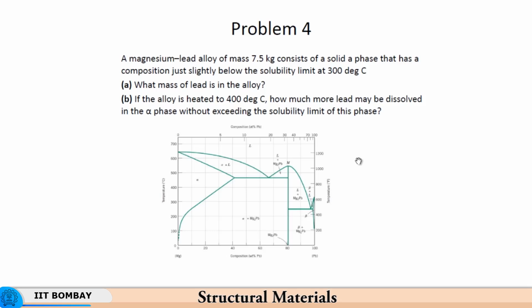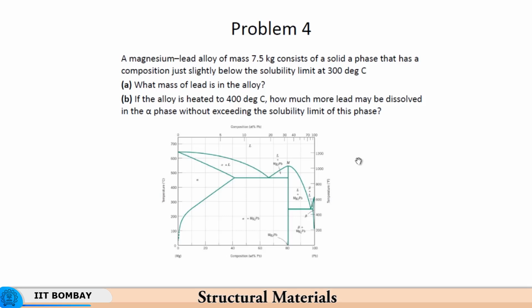Okay. What mass of lead is in the alloy? That is the question. So you have a lead alloy, the total mass is 7.5 kilograms, and the chemical composition of the solid phase is just below the solubility limit at 300 degrees centigrade, and therefore the alpha has in solid solution about 16 to 18% of lead.